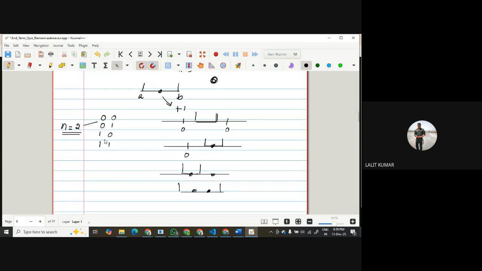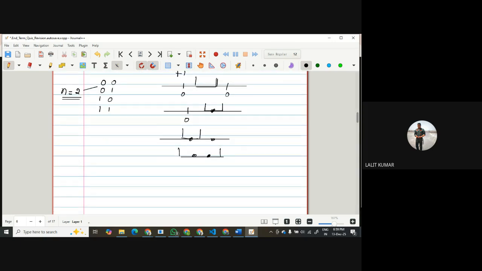But when we increase the numbers, for example n equal to 3, we can have 0 0 0, 0 0 1, 0 1 0, 1 0 0, 0 1 1, 1 0 1, 1 1 0, 1 1 1. With this interval class, I can achieve these results by just 7 models.